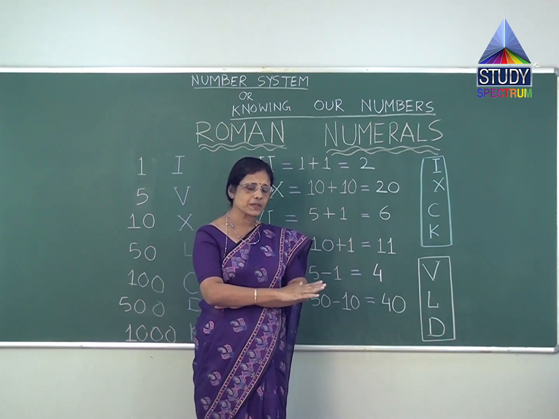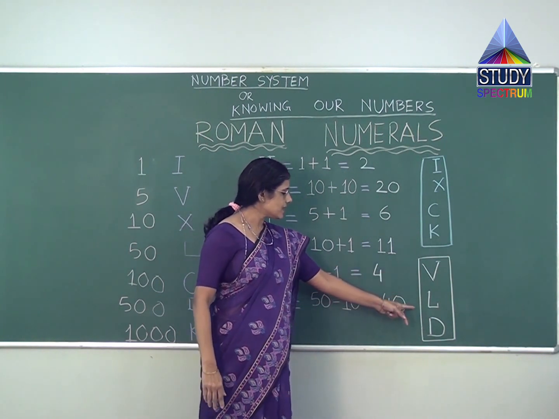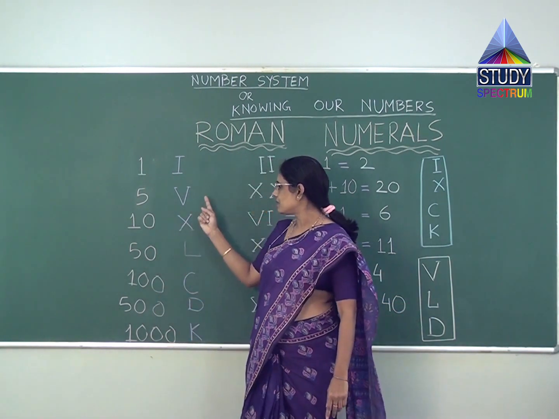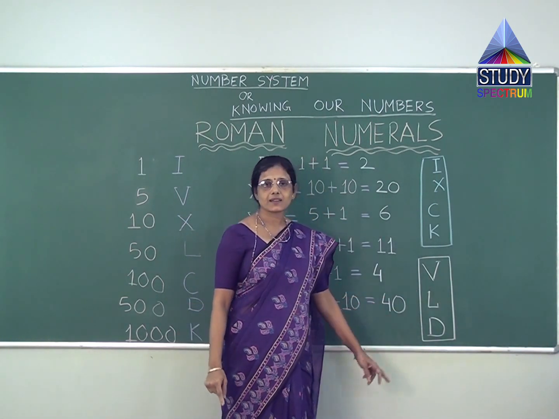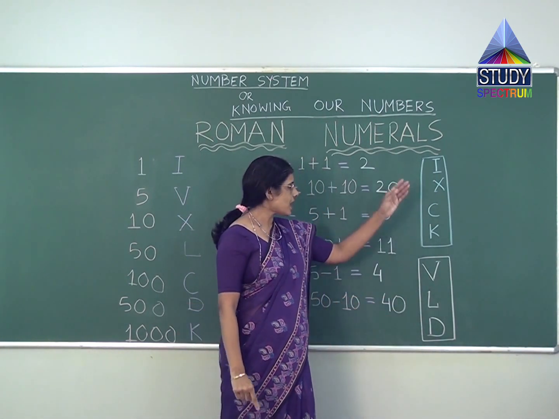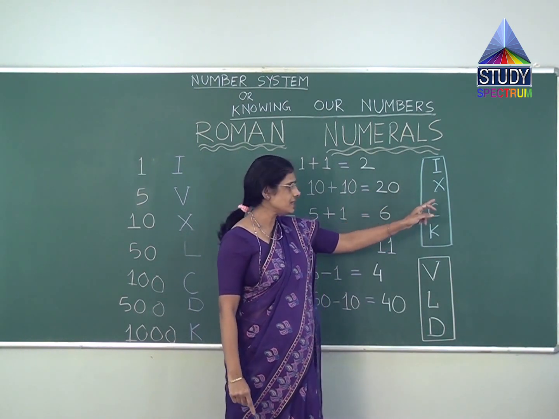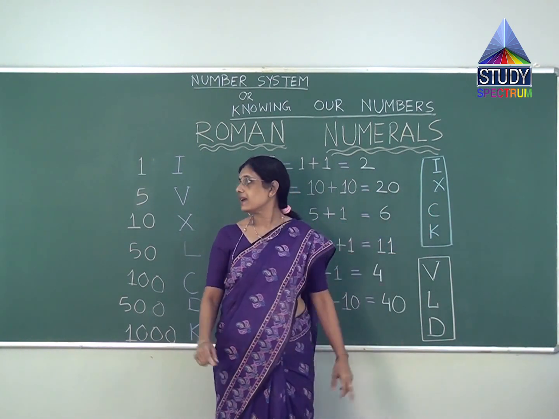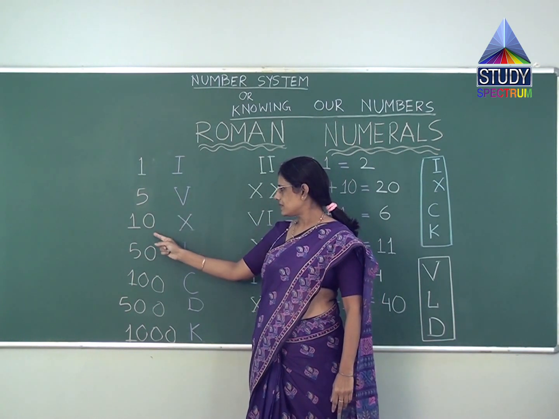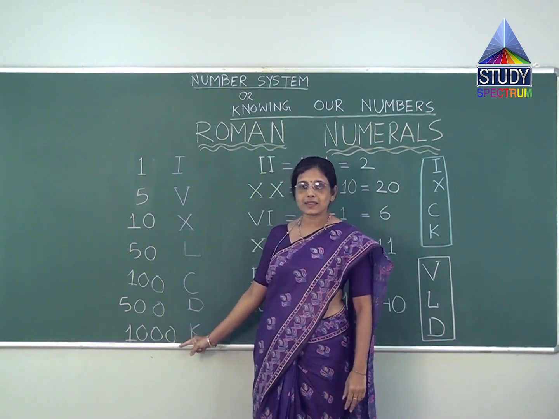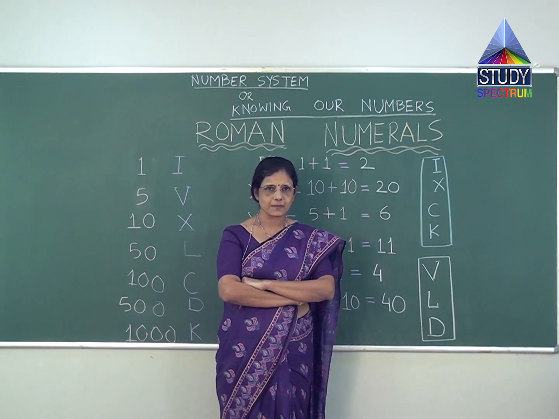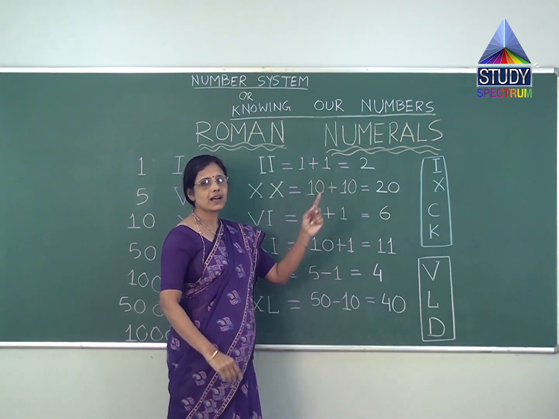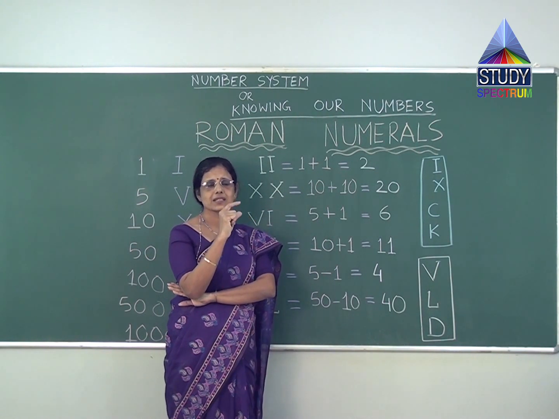Those you cannot repeat are VLD. VLD means 5, 50 and 500. These values cannot be repeated. Whereas the other 4 values, I, X, C, K, means 1, 10, 100 and 1000, can be repeated a maximum of 3 times.